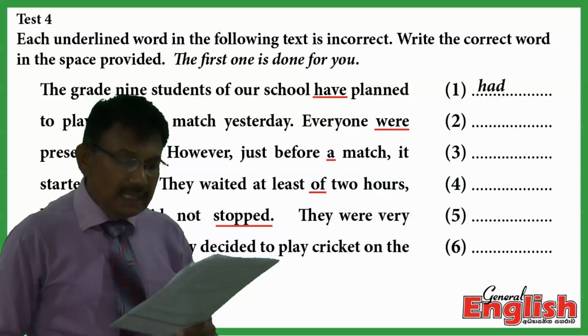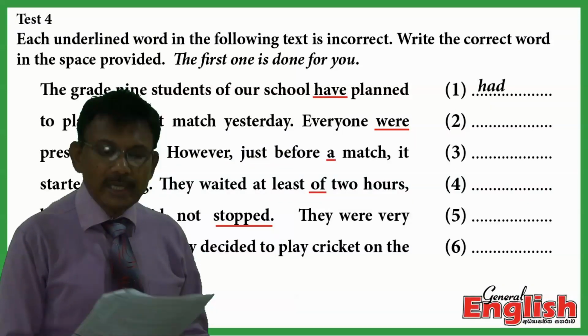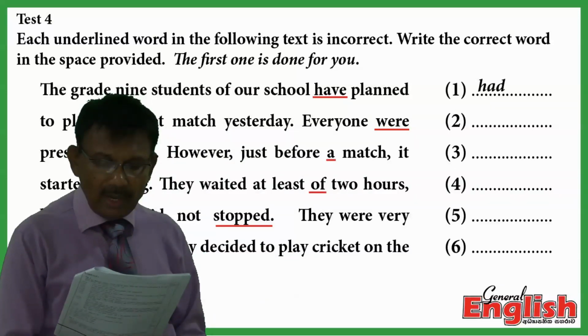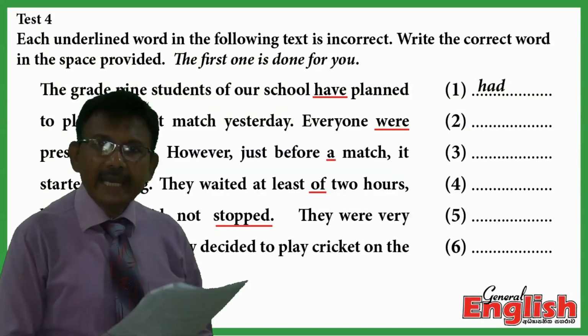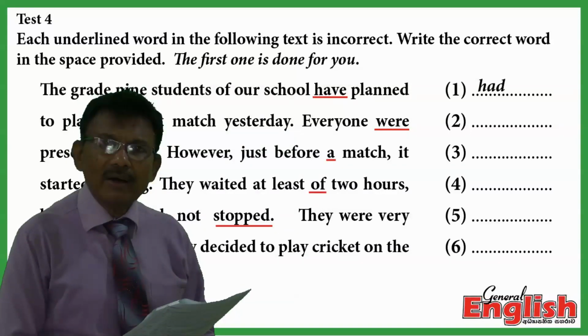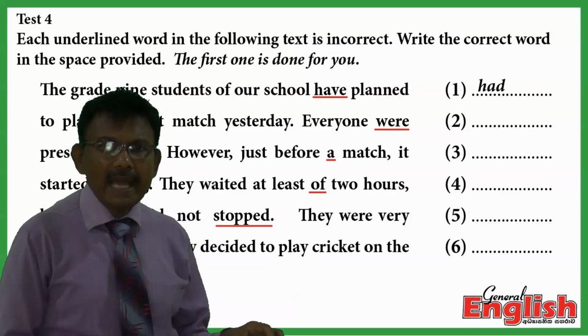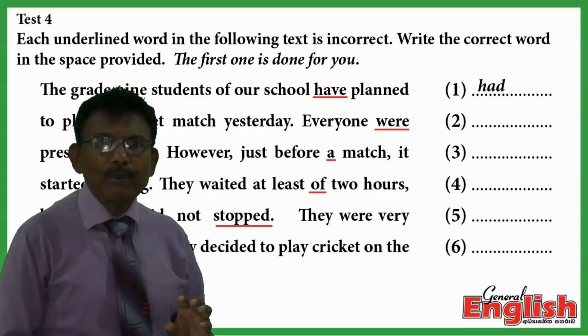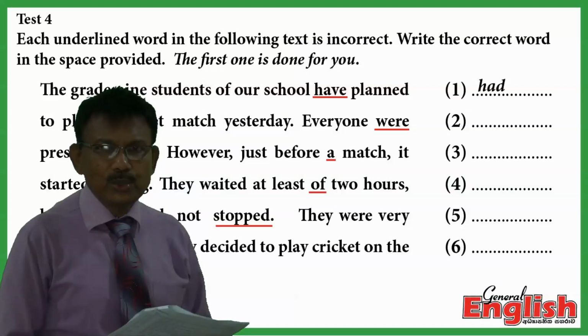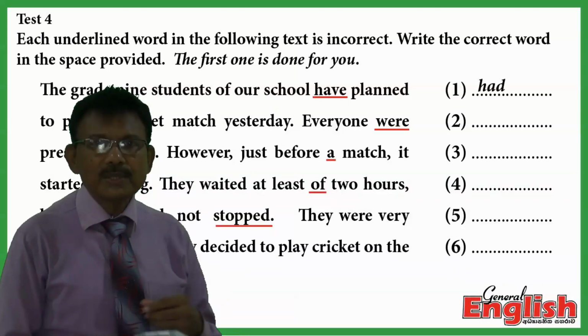Let's read. The grade 9 students of our school. Now everybody can understand that. Now, students and school: the preposition of is used to join the students to the school.